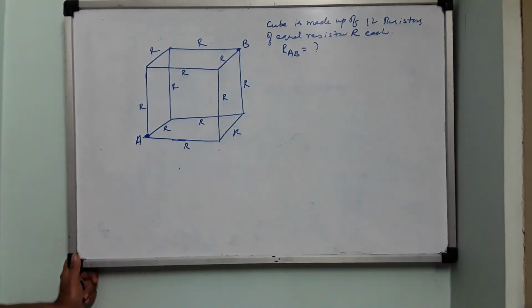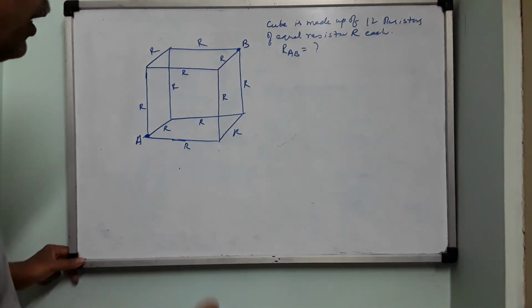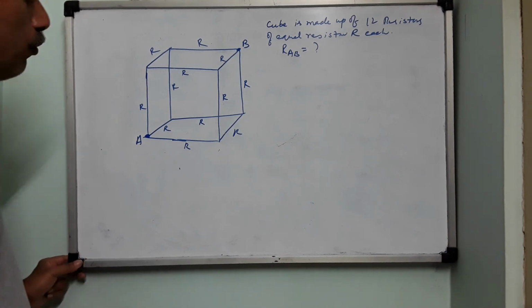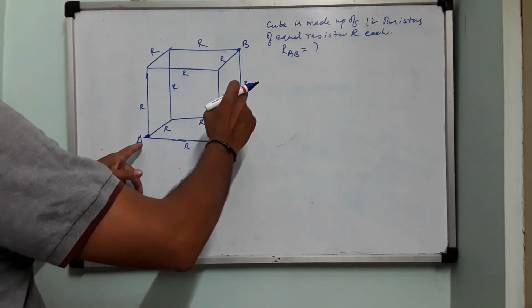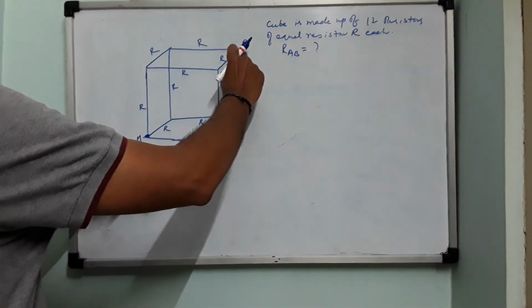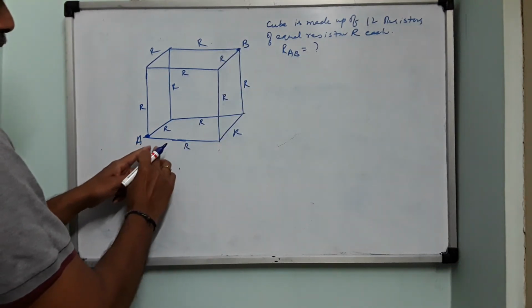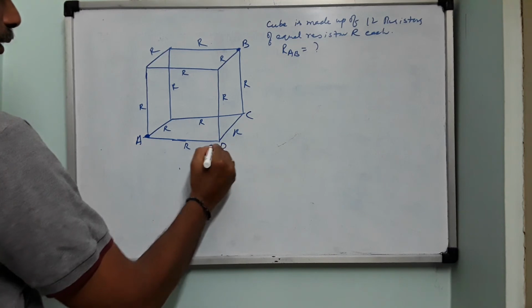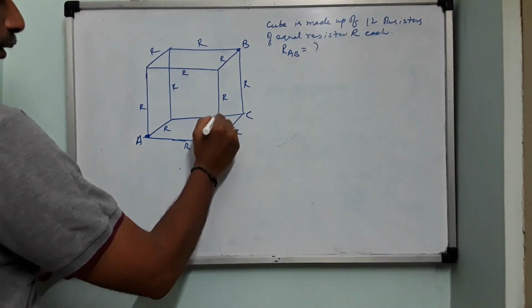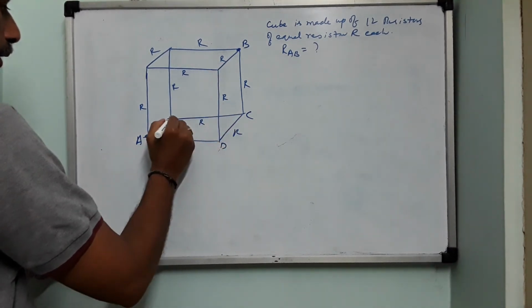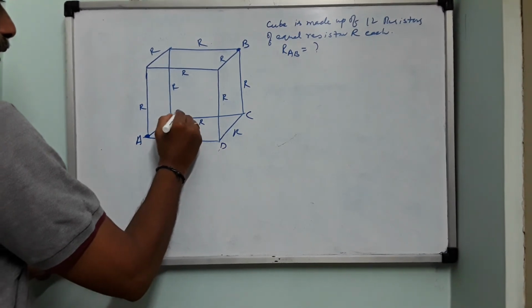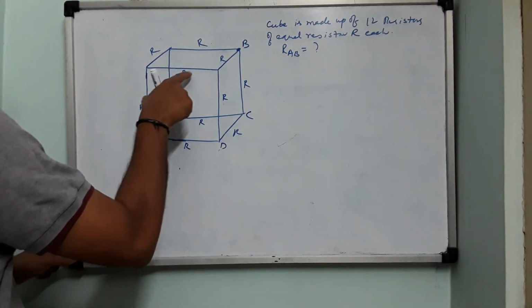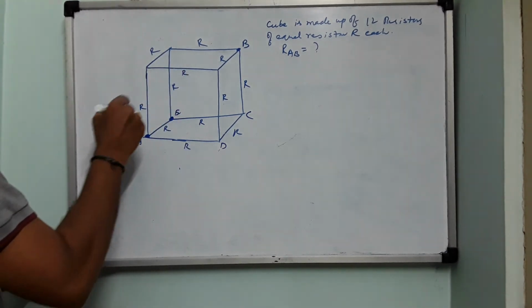Right. So whenever you want to calculate the net resistance, you tell me how many calculations I can make for this cube. I can calculate the net resistance between A and B. Let me name the points A, B, C, this is D. There is no junction here, here is E, and here there is no junction, this wire is just behind the vertical wire.